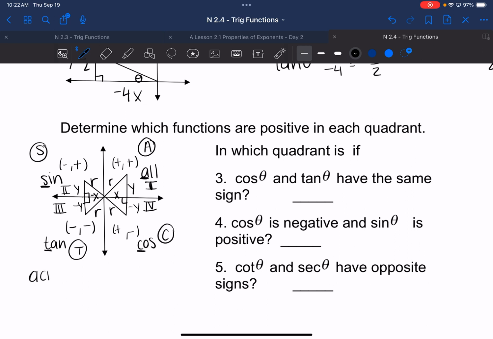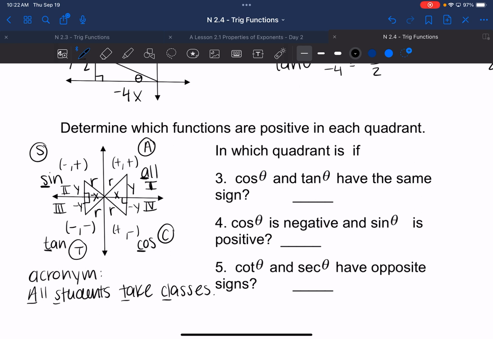So our acronym is all students take classes, to help us remember which one's positive where. It starts in quadrant 1 and goes to quadrant 4. So all in quadrant 1, sine in quadrant 2, tangent in quadrant 3, cosine in quadrant 4.